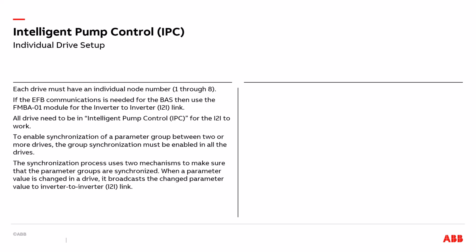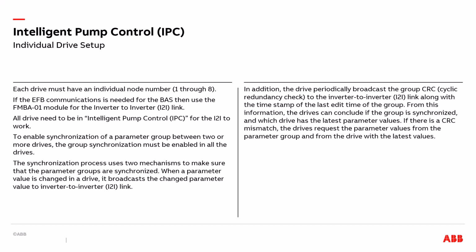The synchronization process uses 2 mechanisms to make sure that the parameter groups are synchronized. When parameter values are changed in any given drive, it broadcasts the changed parameters through the inverter-to-inverter link. In addition, the drives periodically broadcast what we call a CRC, a cyclic redundancy check, through the inverter-to-inverter link. This allows for a timestamp for the latest edit time of the group.